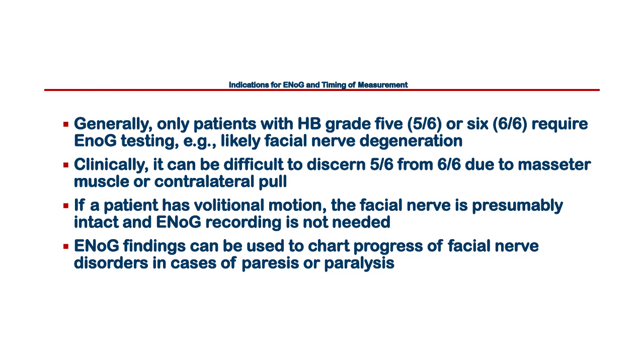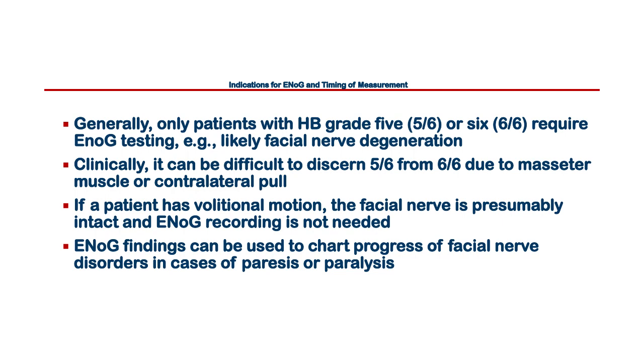And of course, you can't really see a big difference between 5 and 6 clinically. If you're really talented and you're an otologist that does it all the time, maybe, but you and I would have a hard time making that distinction. And that's where the ENoG can be very helpful in determining whether there's 90% degeneration or not. So usually if the patient can move their face at all, you don't need to do an ENoG. There are some nerves that are still intact.